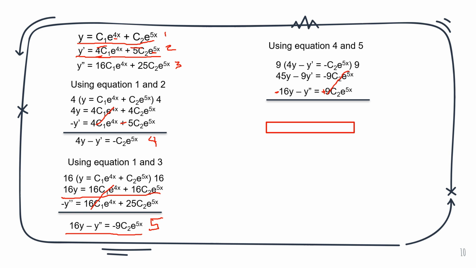Ang matitira na lang ay 20y minus 9y prime plus y double prime. Since may minus na operator dito, magiging positive naman ngayon itong y double prime natin. So, by arranging the equation na nakuha natin, makukuha natin ang solution na y double prime minus 9y prime plus 20y is equal to 0.